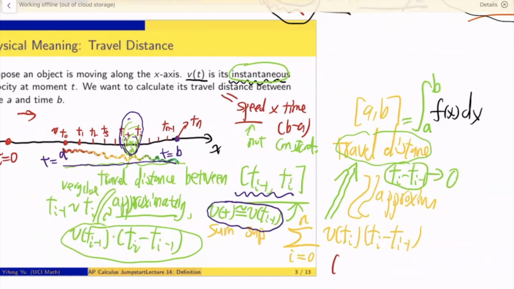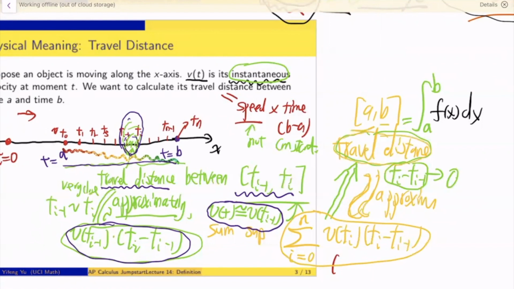Then we can approximately compute the travel distance within this small time interval from t_{i-1} to t_i. Then I sum them up within each small time, and I expect this will be an approximation of the real travel distance between A and B.